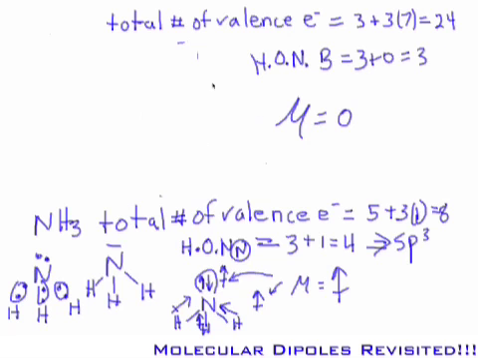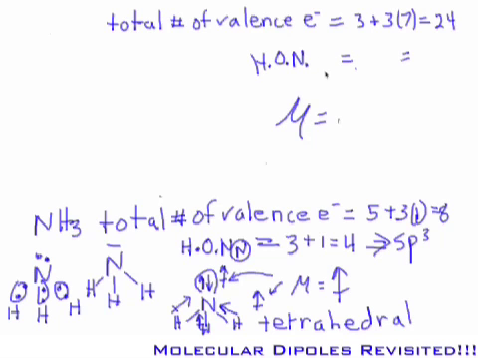Remember the shape without the lone pairs is trigonal pyramidal. It's like a trigonal pyramid. But with the lone pair, it's just tetrahedral. Okay, so we'll leave the mu value, we'll leave this, and we've got this. So we're starting with NCl3.